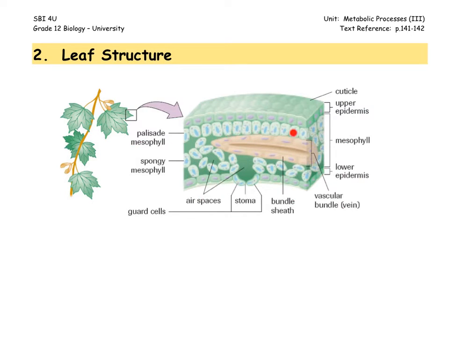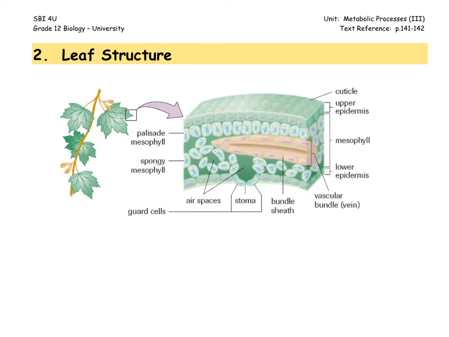Okay, so our palisade mesophyll is there just to help protect as well. It's just a nice concentrated layer of cells with tons and tons of chloroplasts, so lots of photosynthetic action going on here. Then below, in the spongy mesophyll, these cells will each contain lots and lots of chloroplasts as well. But the difference is that there are air pockets there.